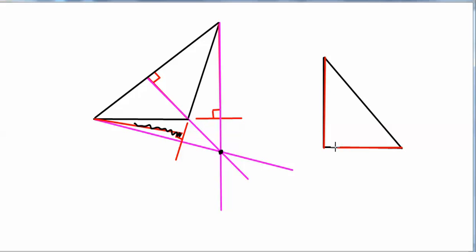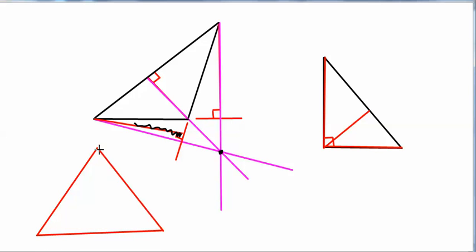They all intersect right here. That makes it a right triangle. This is an obtuse triangle, and they meet outside. And if you did an acute triangle, they'll meet like in the center, so it's going to be inside.